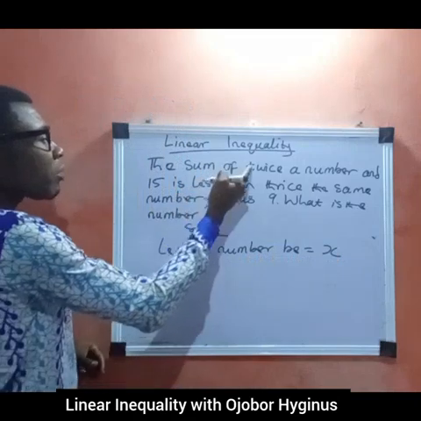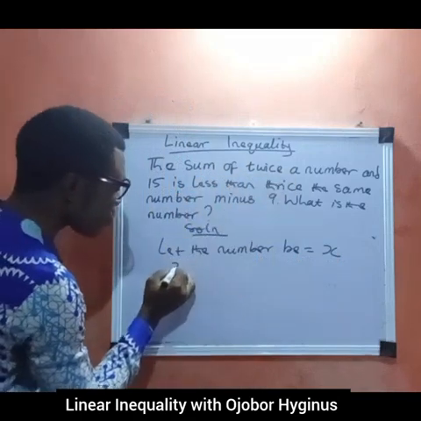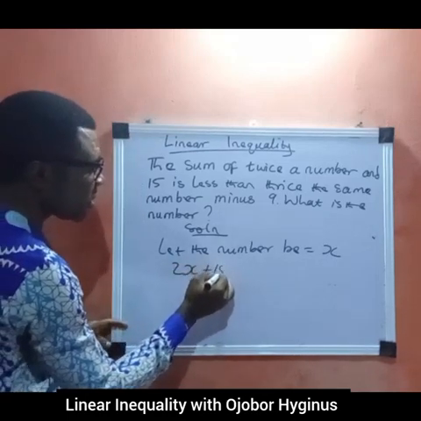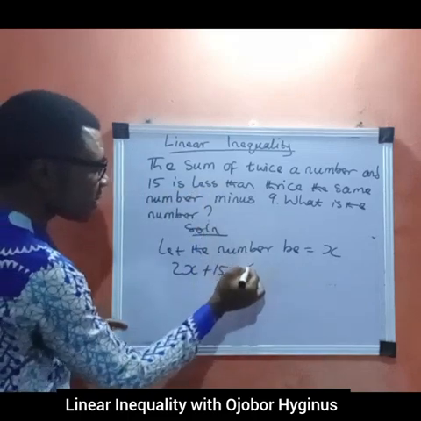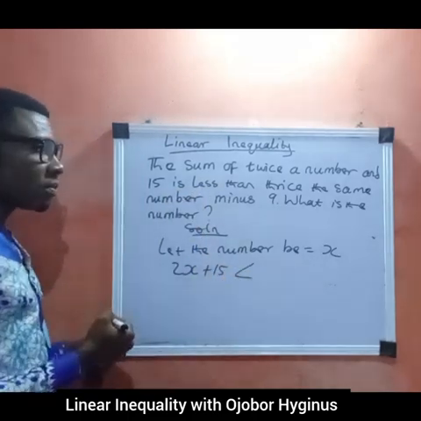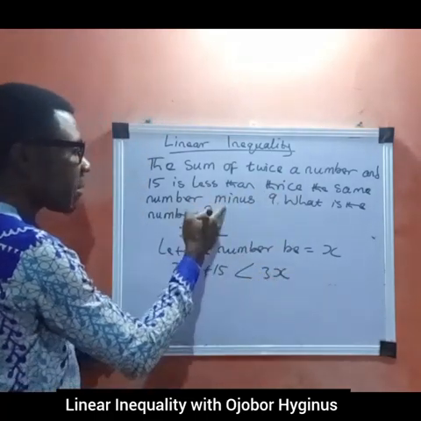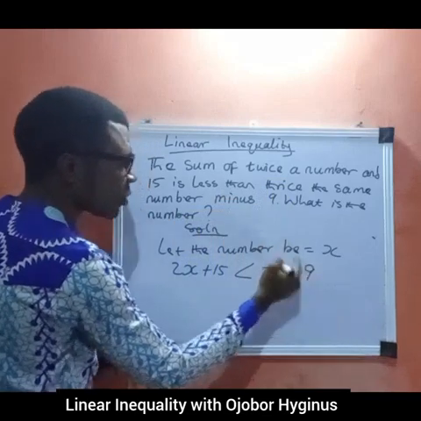So if we say the sum of twice a number and 15 is less than, this is less than, thrice the same number minus 9. What is the number?